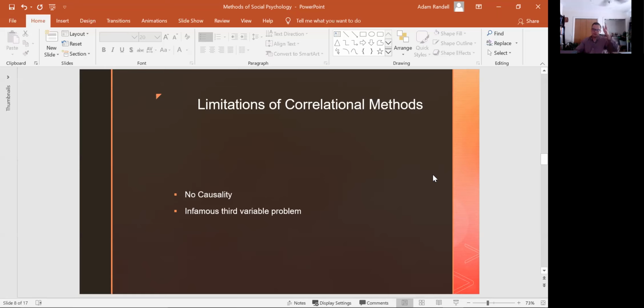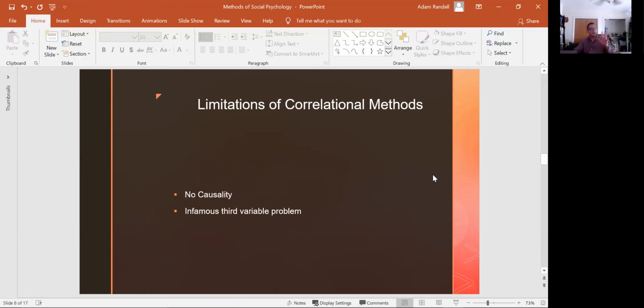Let's say that we find that social support is related to less depression, right? Well, if we found that correlation, we can't say that social support causes less depression, because there's the possibility that there's some variable outside of our study that we haven't looked at that actually causes both of them, all right? Or it may be that social support doesn't actually do anything to depression directly.